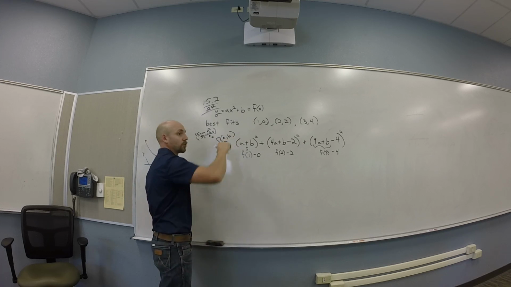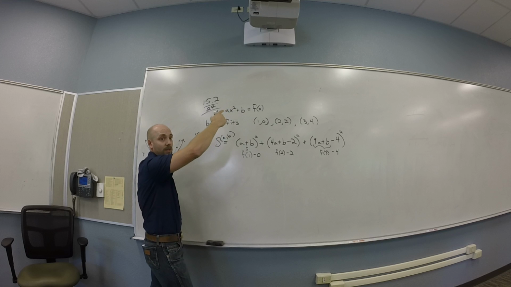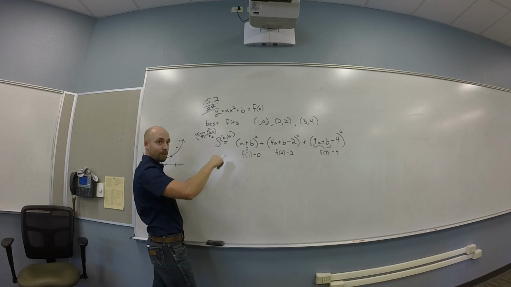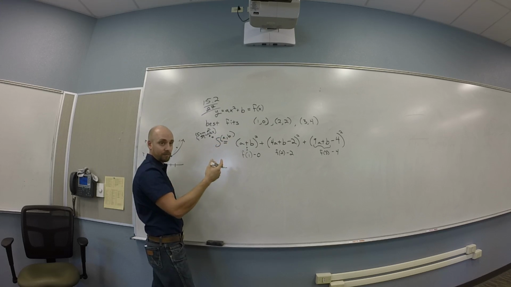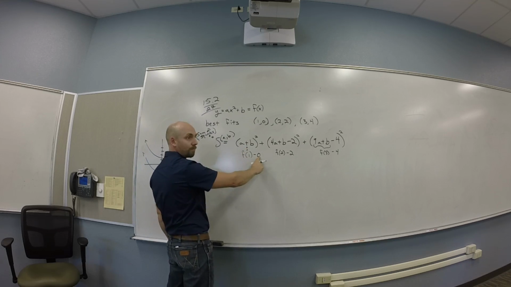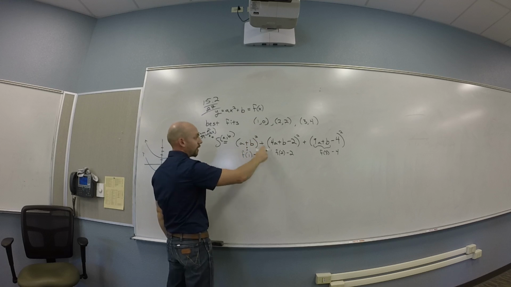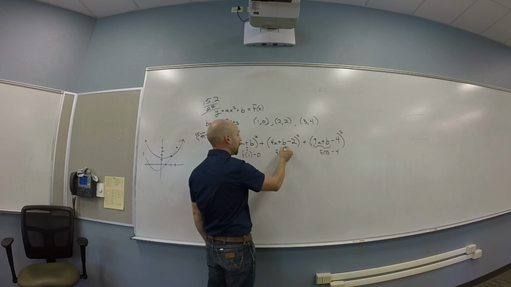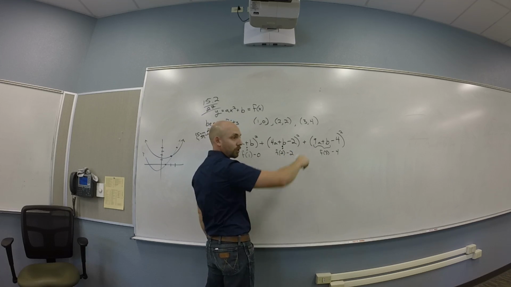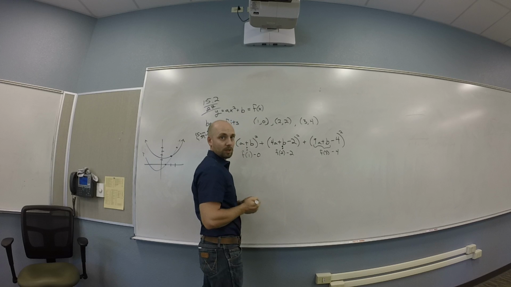So S is a function of the parameters, and what it does is it tells you the squared vertical distance from your parabola to your 3 points. You guys see that? So I took the distance my parabola was from my first y value, squared it, added that to the distance my second point was from its y value, and so on, right? You guys cool with this?